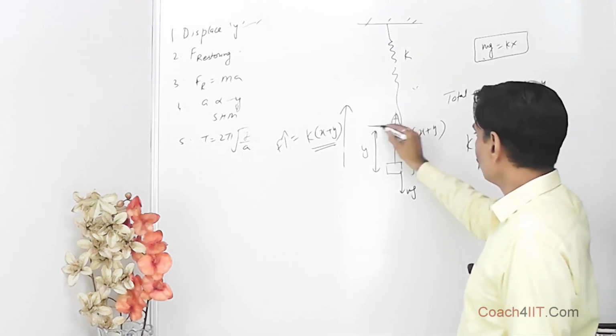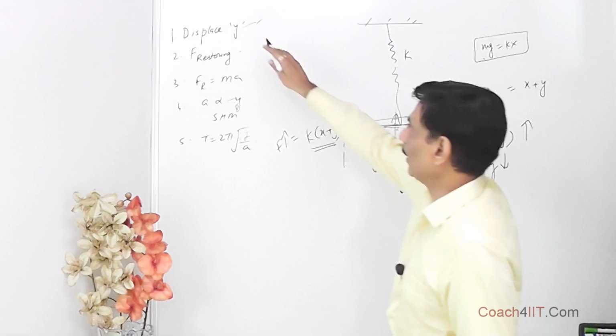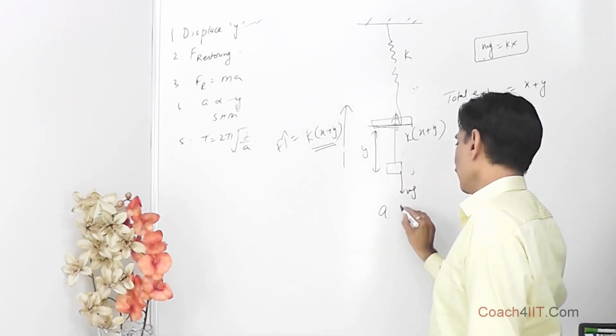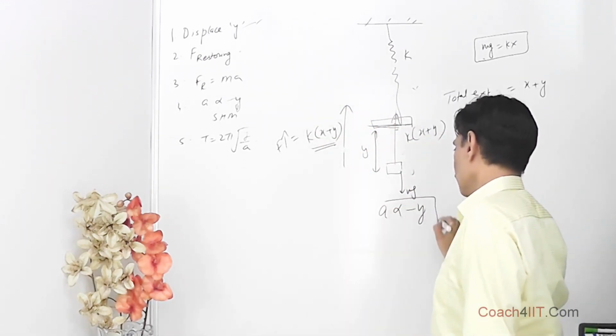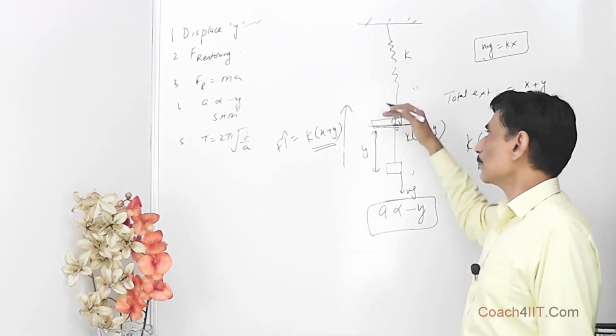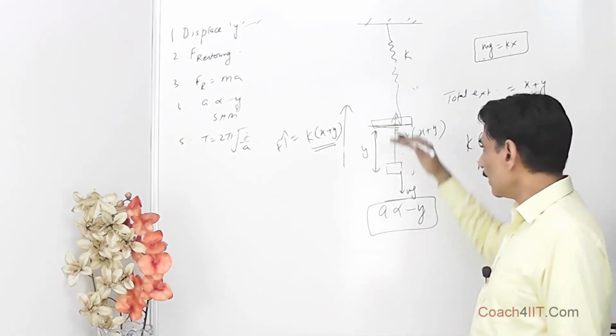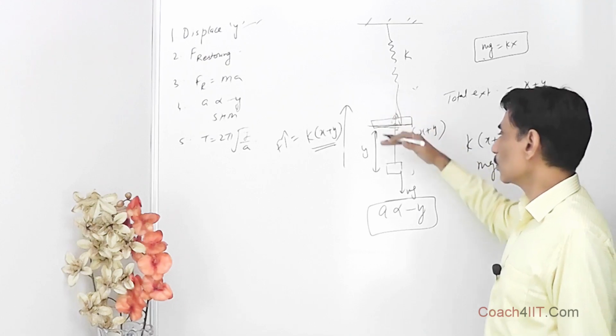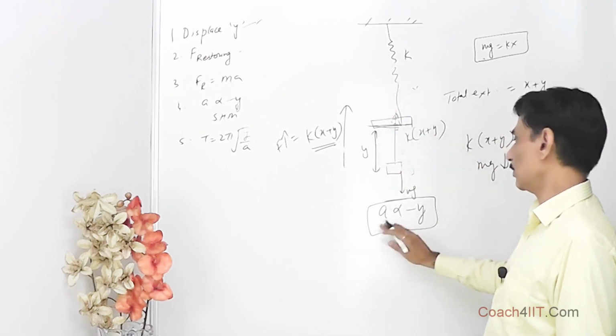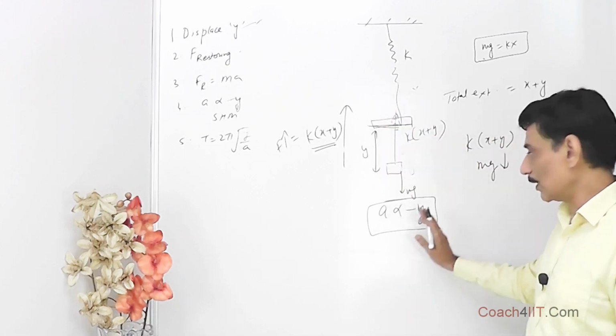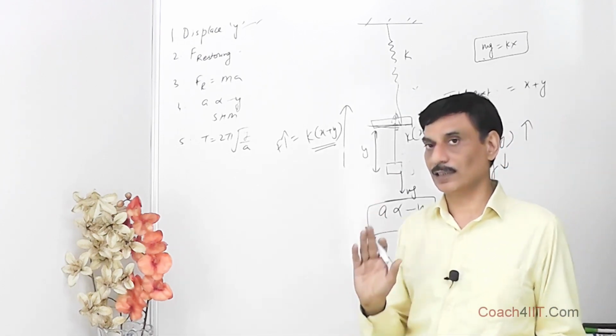Our problem remains the same: we have to prove that acceleration is proportional to minus y. Initially what the extension was, we are not bothered. We have displaced from the equilibrium position by distance y, and if acceleration is proportional to minus y, we can safely say this is SHM, right?